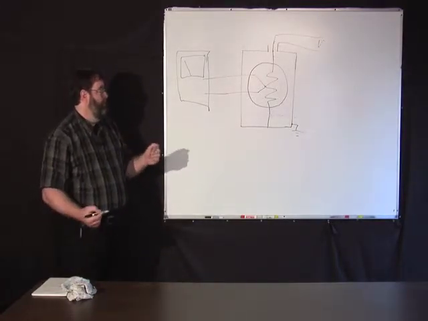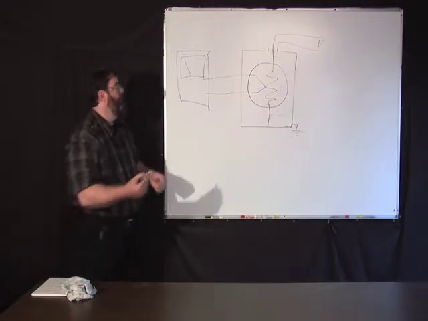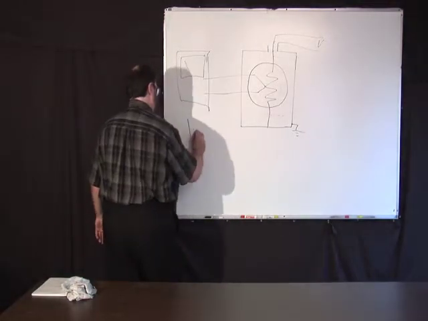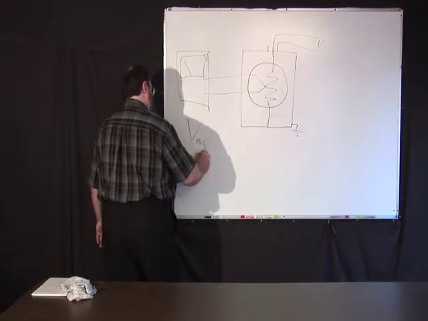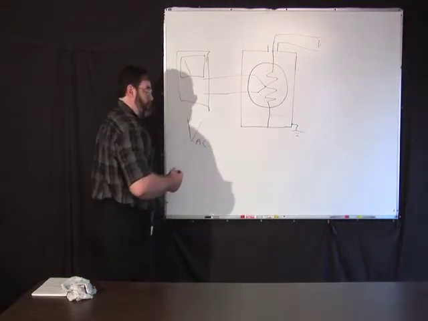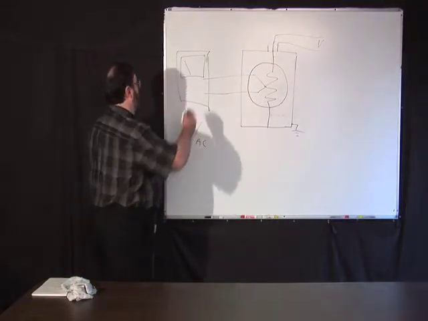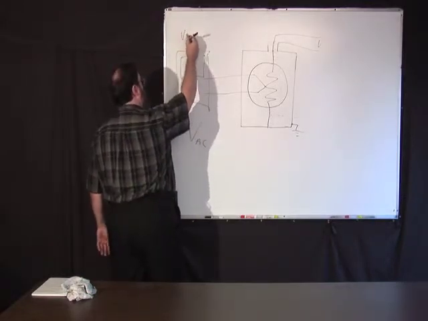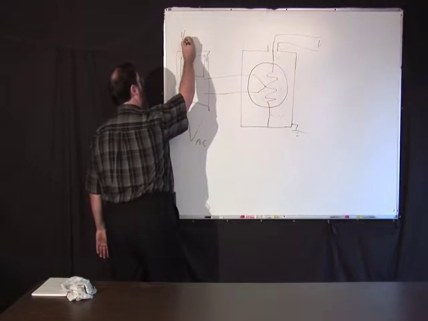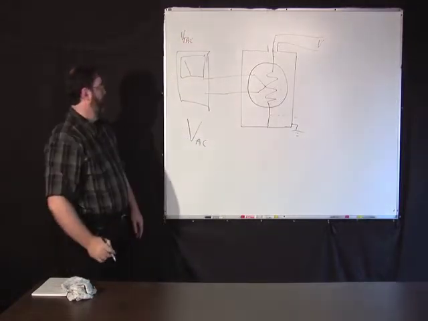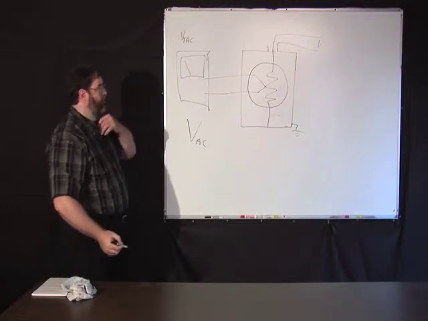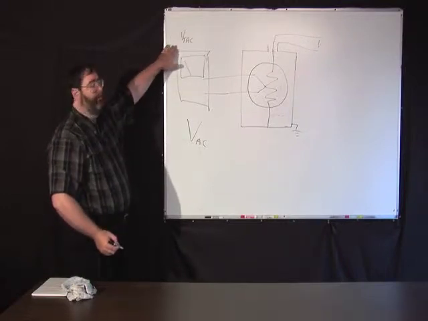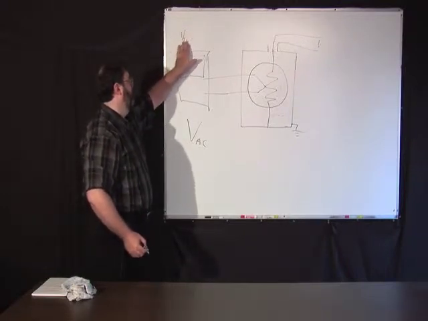So what you generally do is you put in some AC voltage or RF or whatever, and you note some voltage here. We'll call it VT.